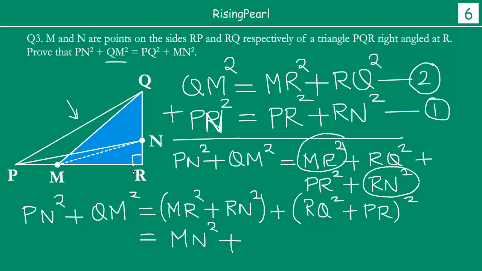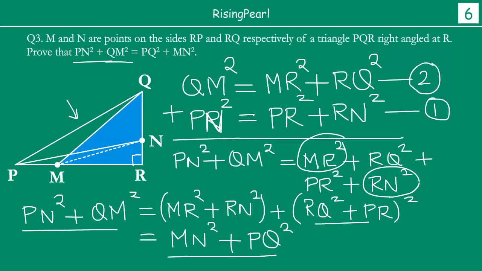So PR square plus RQ square is equal to PQ square. So friends, we started off with PN square plus QM square, and we found out this is equal to PQ square plus MN square. Hence, friends, we can say that we have proved the equality.